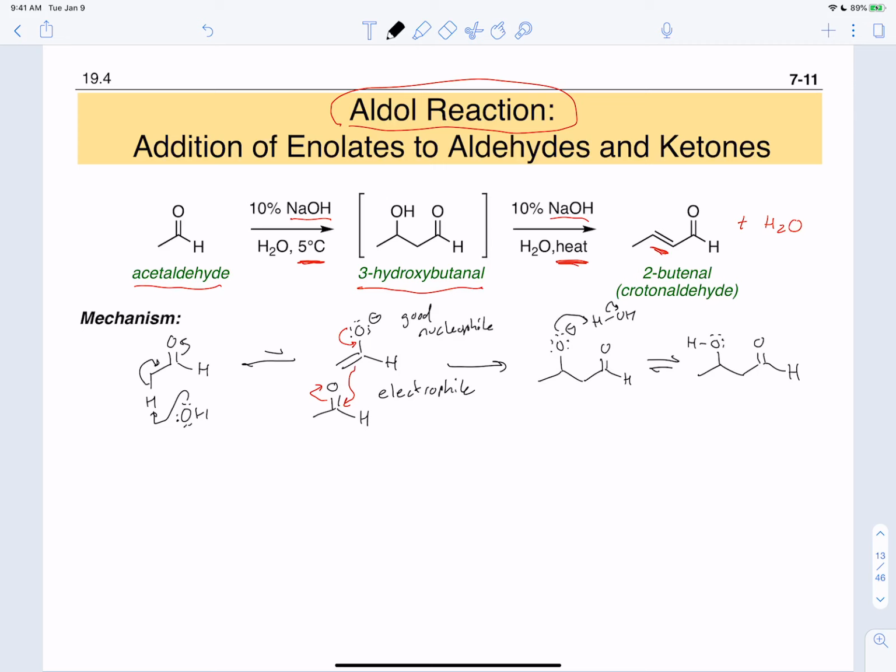So if you let this warm up, we still have more hydroxide around, and the new aldehyde we just drew still has acidic hydrogens. So hydroxide is able to still react with this newly formed aldehyde to effect a new deprotonation, and make a new enolate.